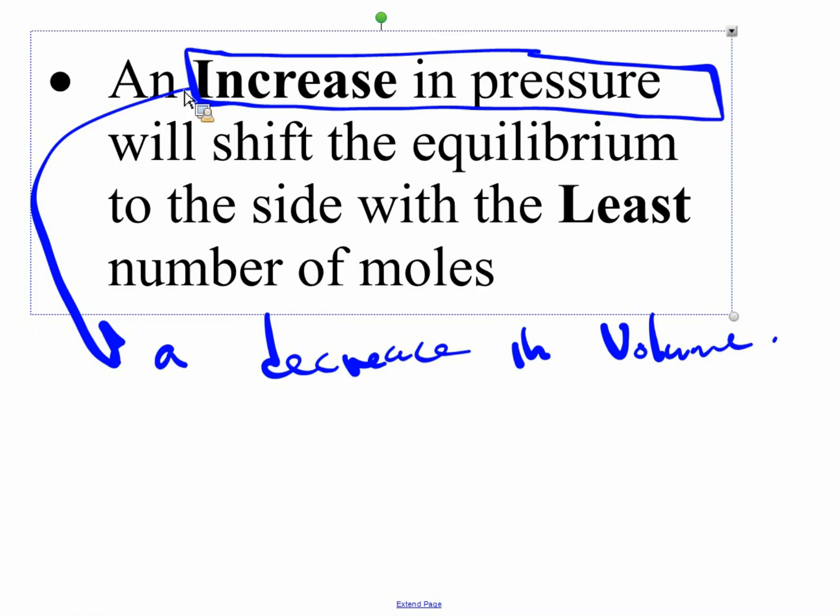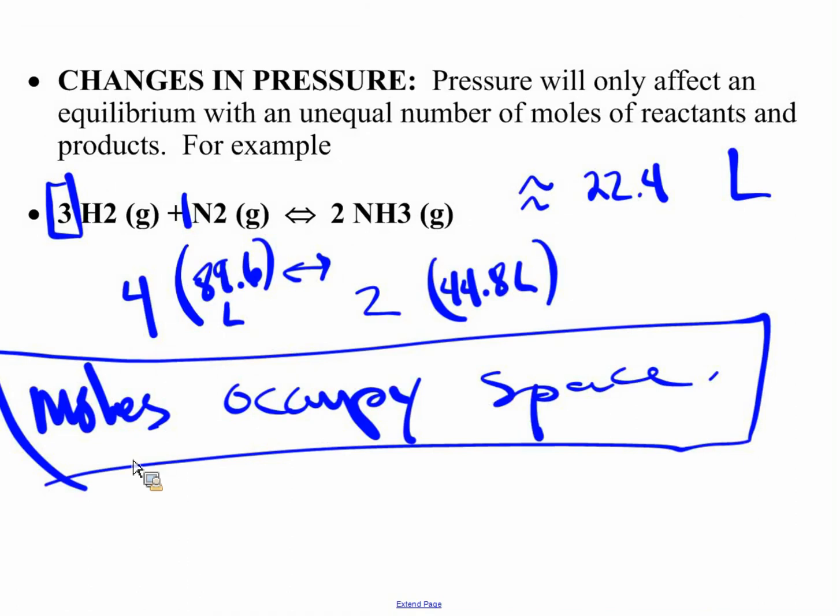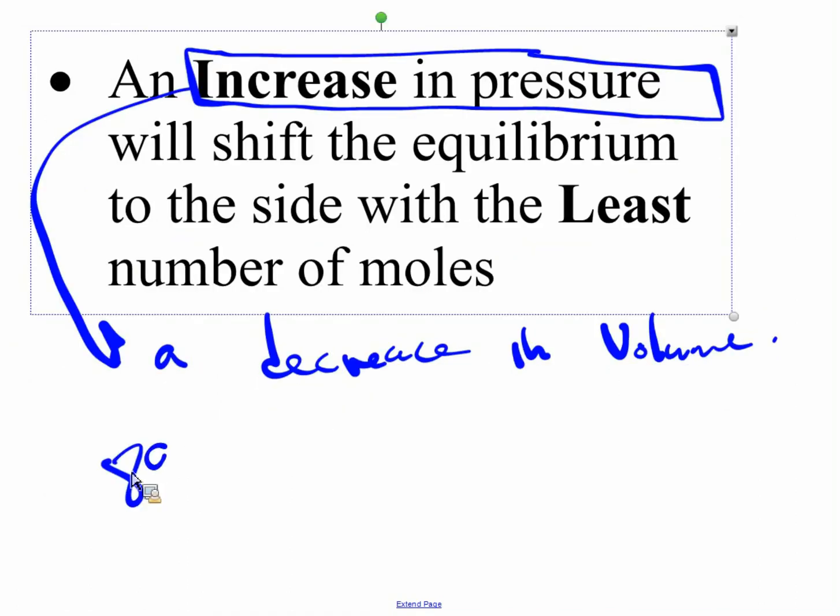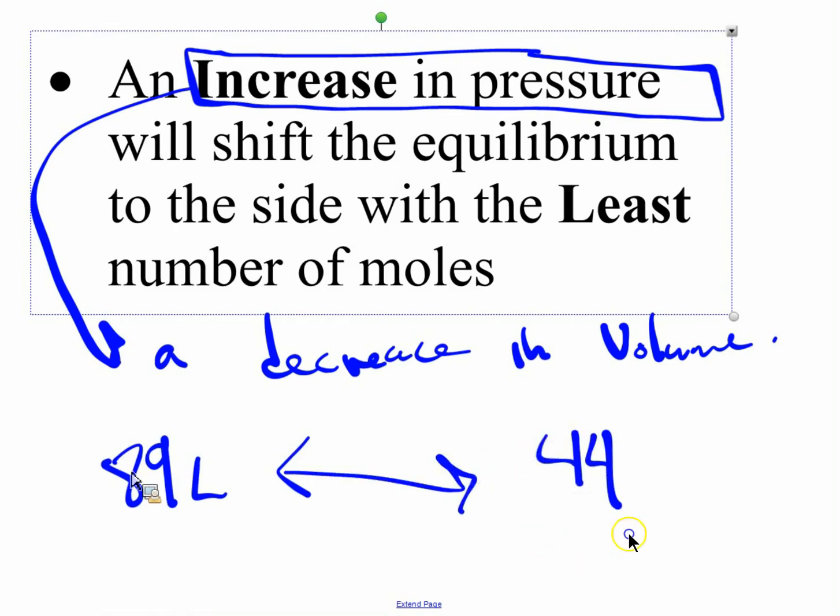It decreases the volume, so the pressure has to go up. Are you okay with that? If you decrease the volume, and you had, I can't remember, 88 on the left, or 89. So I'm decreasing the volume by increasing the pressure. If I have less space, then I'm going to favor the side that takes less space.